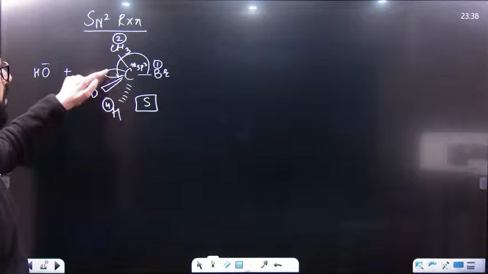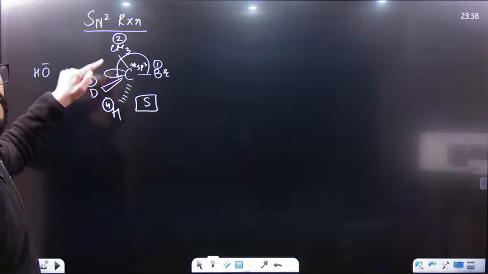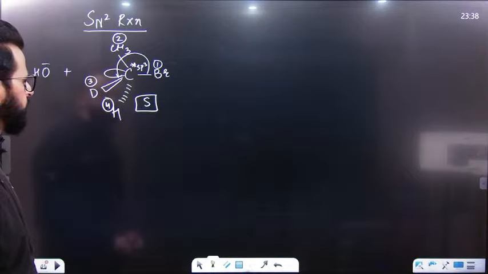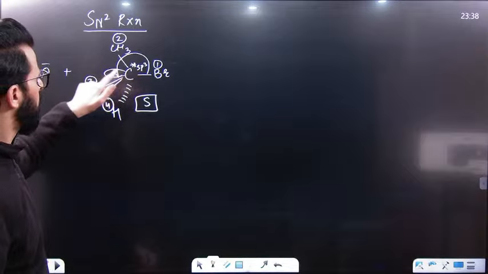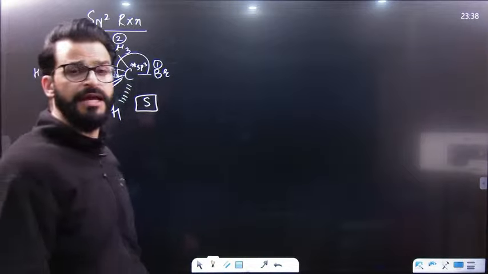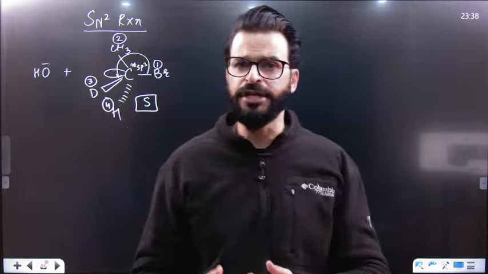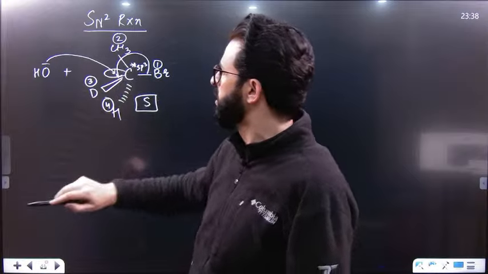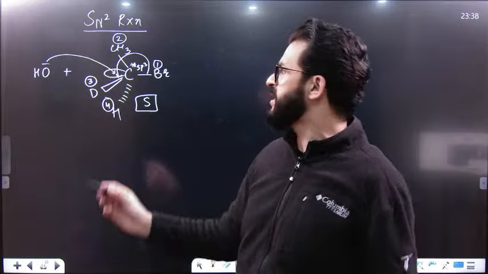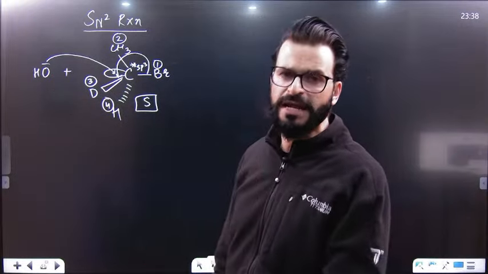Now, can I say it's opposite to the bonding molecular orbital and it is empty? As it is empty, the nucleophile will try to give its electron to the empty orbital. That's why it will attack this electron deficient side from the backside.